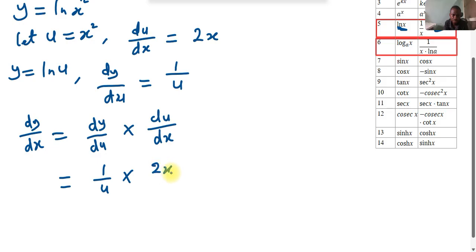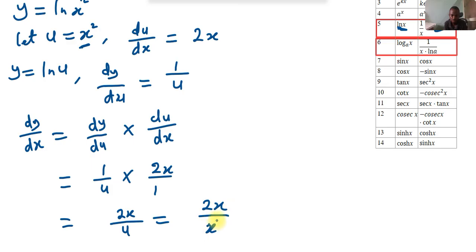Meanwhile, we know that our u was represented as x squared, so I will replace my u here with x squared. Then I have 2 multiplied by x, and 1 multiplied by u, which is u. By replacing my u, I have 2x over x squared.